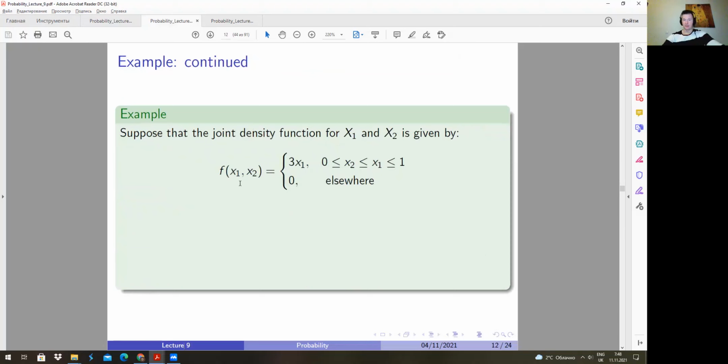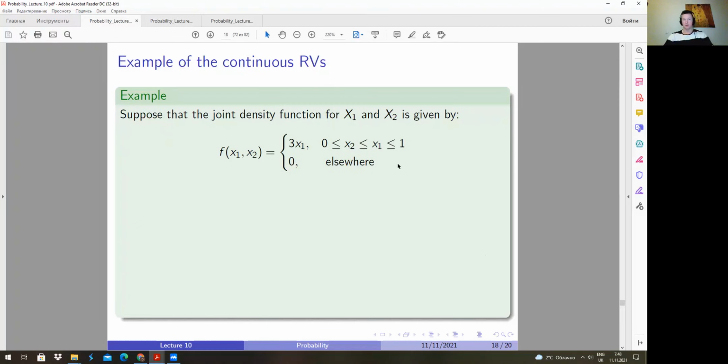And in this example, we had exactly this joint density. What is important here is that x2 never exceeds x1, and the range of x1 is from 0 to 1 because it's a proportion, right? So for this density function, the variables must be related and dependent.